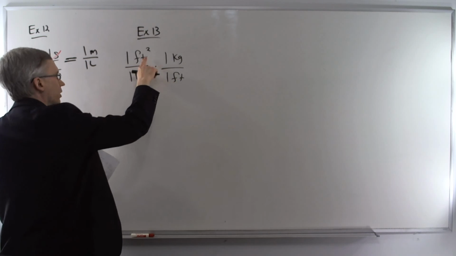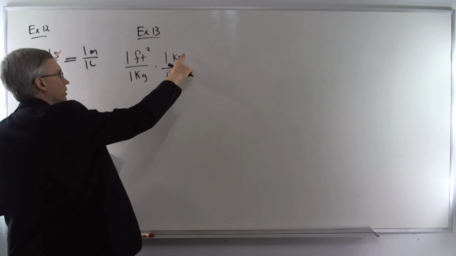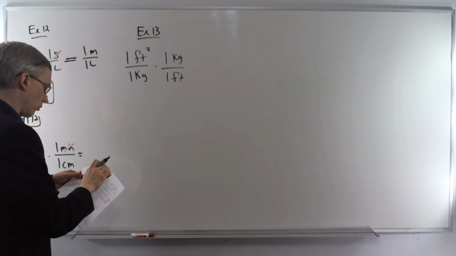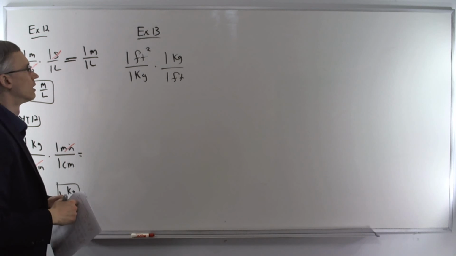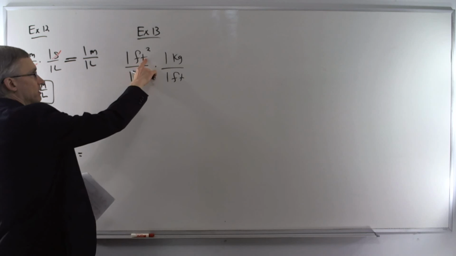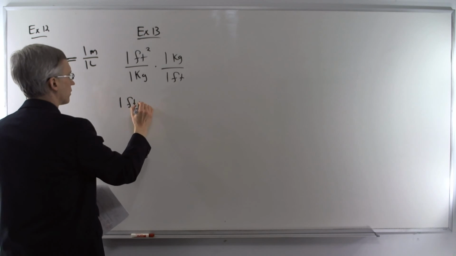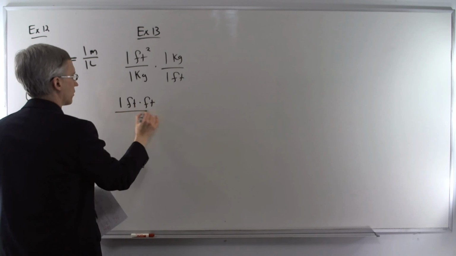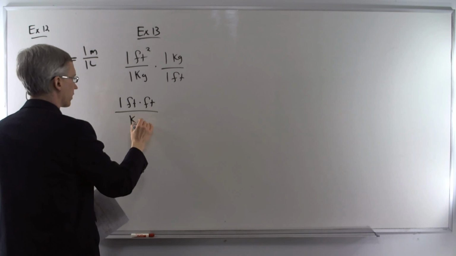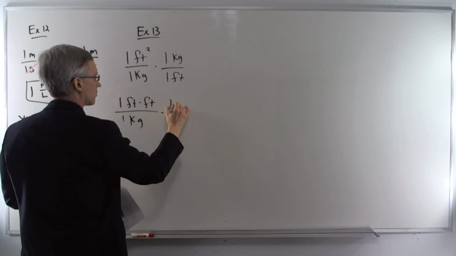So we have 1 foot squared divided by 1 kilogram times 1 kilogram over 1 foot. Now this is 2 feet multiplied together. So this is 1 feet times feet over 1 kilogram.